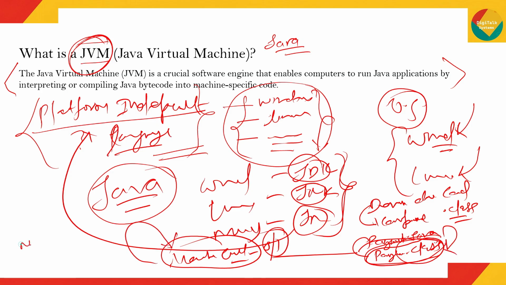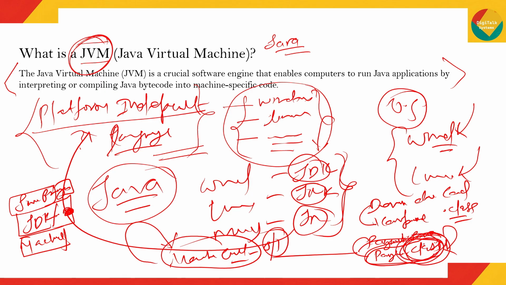So you have a machine which has to execute the program. This is my Java program, and in between we have the JVM, right? So this converts this class file into the machine language. And that's the reason this makes the Java programming language platform independent.